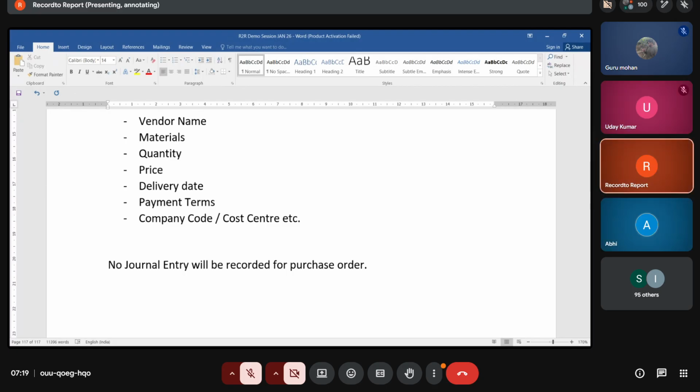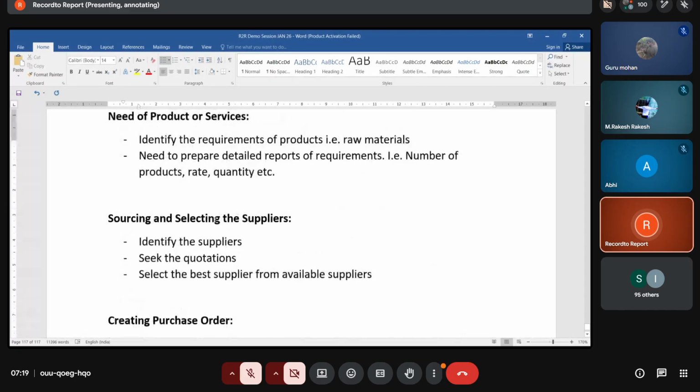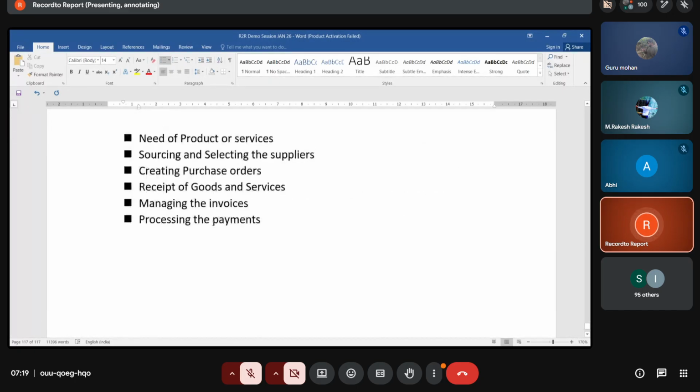No, sir. If you make an order, is it confirmed, guys? No. So for purchase order, no transaction will be recorded. Very important thing, guys. Just we will send the document. Okay. So that is called creating the purchase order.